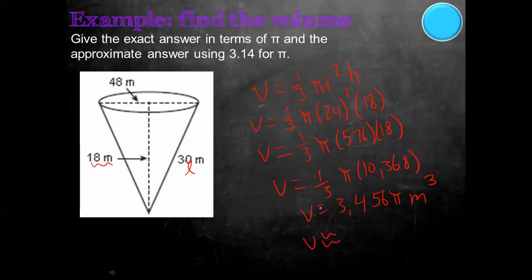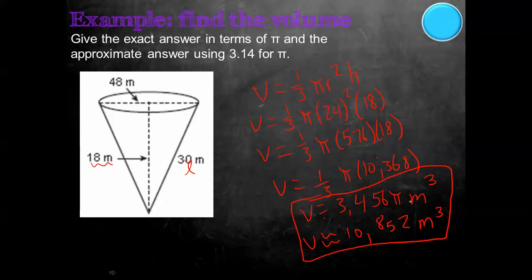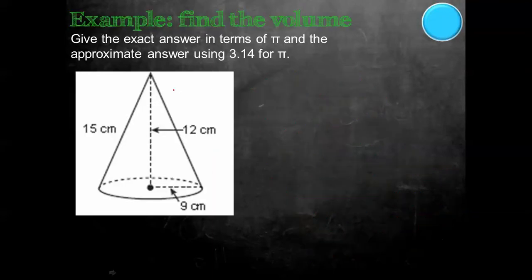Or we can also do the approximate and take it times 3.14, which is going to be 10,852 meters cubed. So those are your two answers, exact in terms of pi and then approximate.